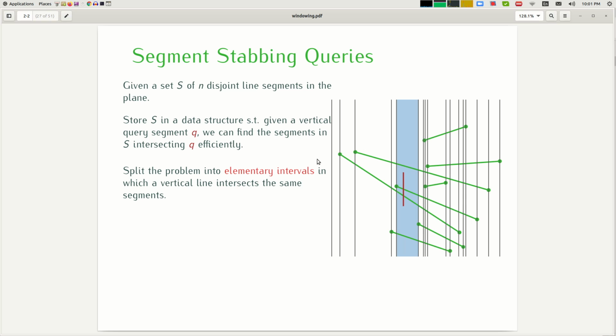Let's say these green line segments are the input, and I look at the endpoints. Draw a vertical line through every endpoint, which decomposes the plane into a bunch of slabs. The region between two consecutive vertical lines is called an elementary interval. For example, this blue vertical strip is one elementary interval.